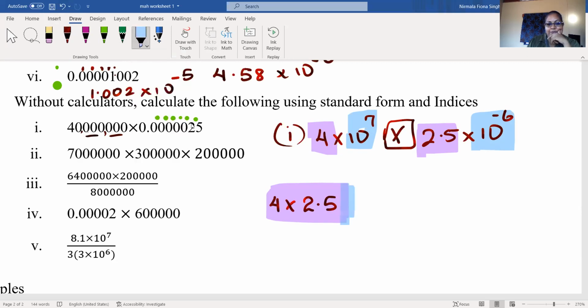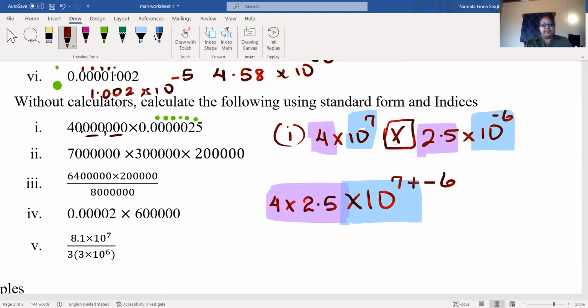This is your EXP. And since I multiply, it's going to be 7. What do we do when we multiply indices? We add them. Plus, minus 6. And let me see how easy this can work out with all calculators. 4 by 2.5 is how much, folks?